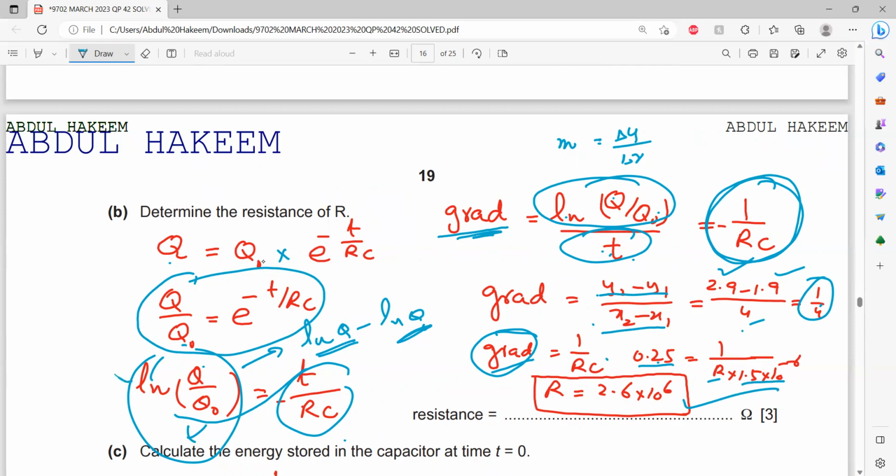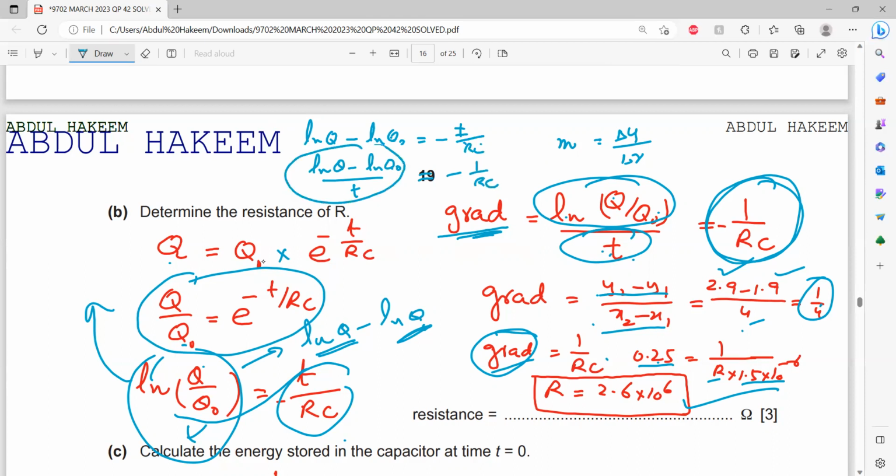I repeat this. It can be written as ln Q minus ln Q naught equal to minus t over RC. So ln Q minus ln Q naught over t is equal to minus 1 over RC.